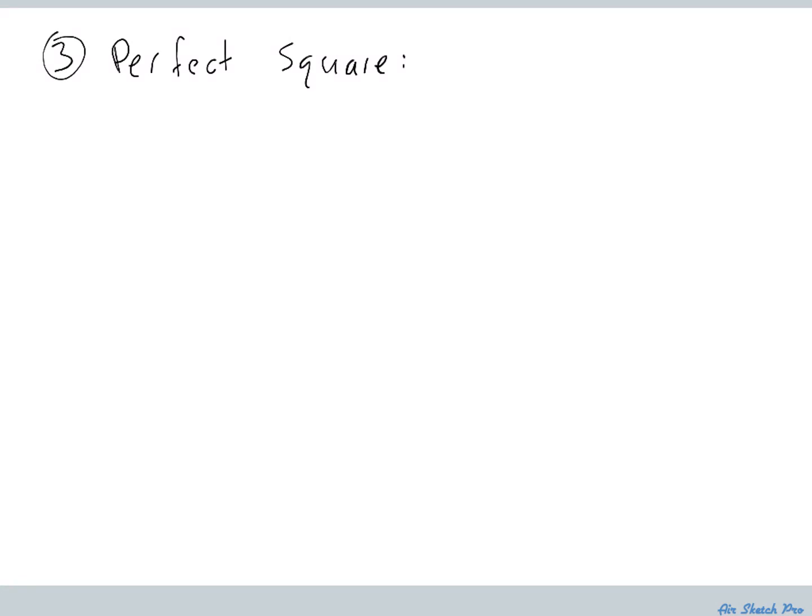Okay, so an example of a perfect square, I have been using function examples, but this could just as easily be equations. F of x is equal to 4x squared plus 12x plus 9.